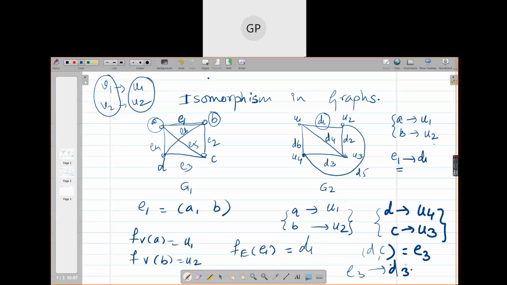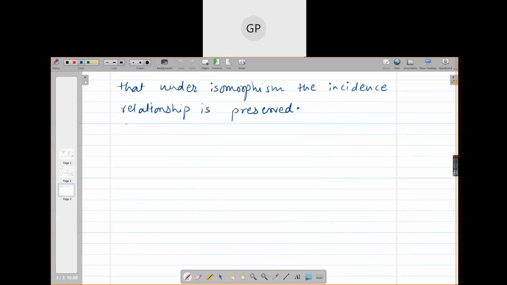What you have to do now is find out the mapping, the one mapping that you have done here, that f_V(A) is U1, f_V(B) is equal to U2, and so on.